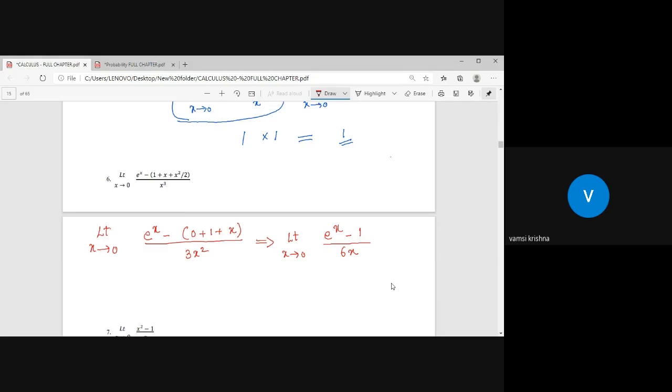I want to take 1 by 6 outside. If I take 1 by 6 outside, (e power x minus 1 minus x) by x is nothing but 1. Yes. So answer is 1 by 6 into 1. Or you can differentiate one more time, and in that case also your answer is 1 by 6 only.